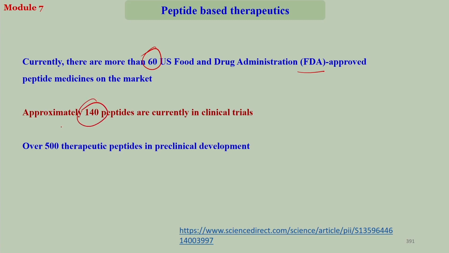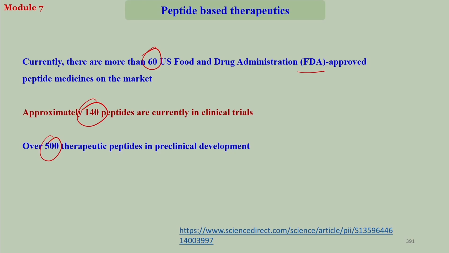Approximately 140 peptides are currently in clinical trials, and more than 500 peptides are in preclinical development. That means they have shown the efficacy, they have shown the activities, but they are not yet in the last stages of clinical trial. They are at the beginning of their clinical trial.